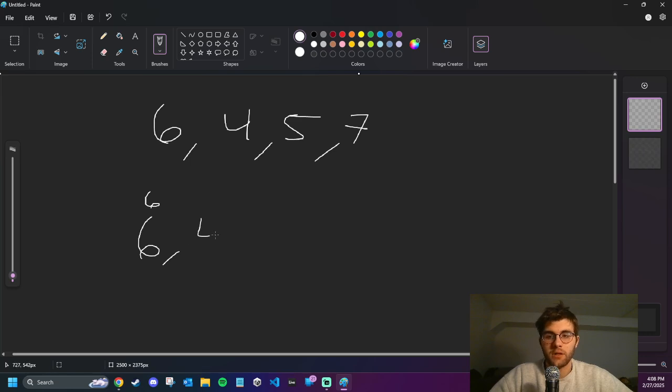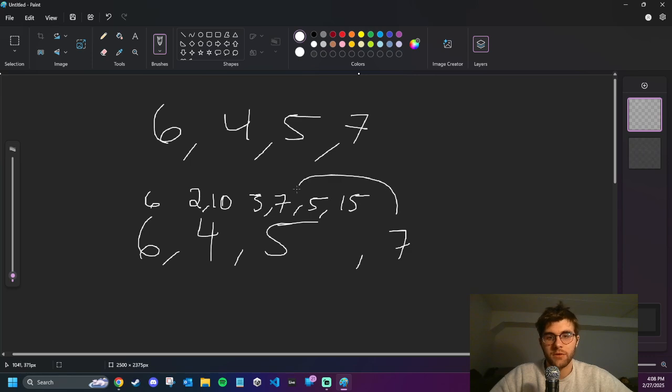Then 4, the next one has to be off by either 2 or 10. And then 5, the next one has to be off by either 3, 2 minus 5, 7, 5, or 15. And then here we see 7 is a part of this.